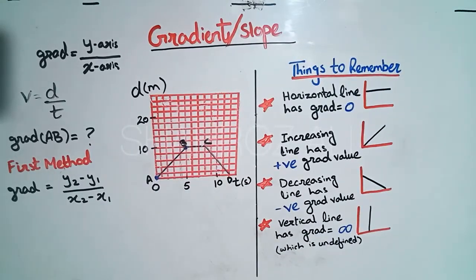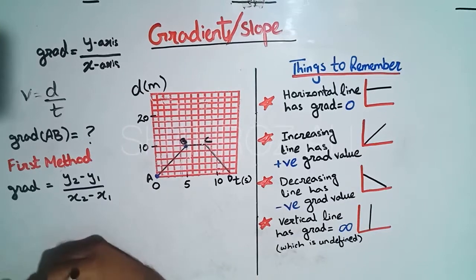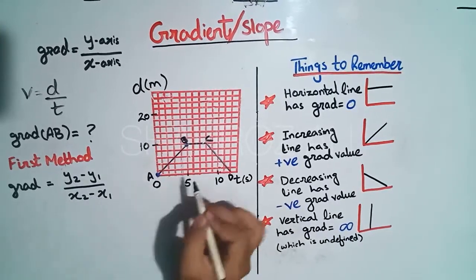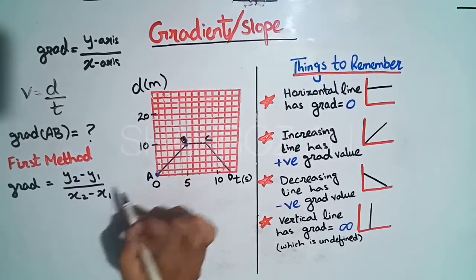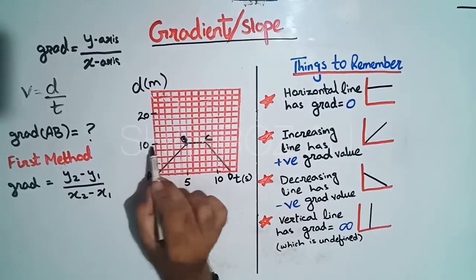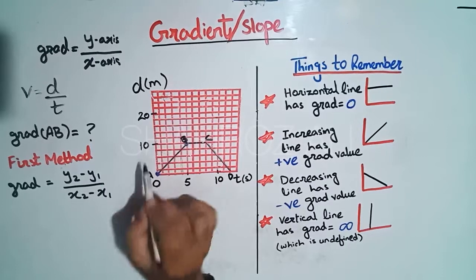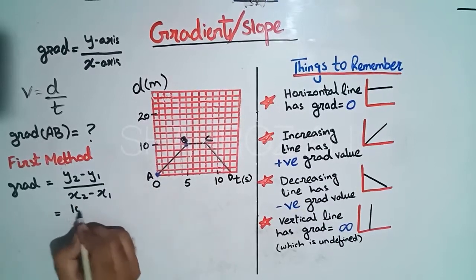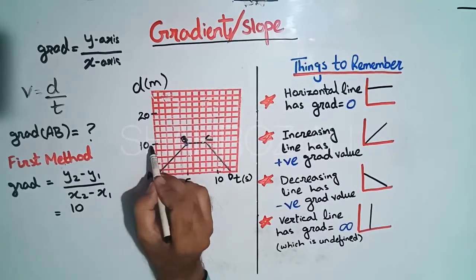Every point on the coordinate axes, on x and y, gives you two values, one for x and one for y. For the second point, y2 along the y-axis will be 10, so I am writing 10 by taking the value from the y-axis.